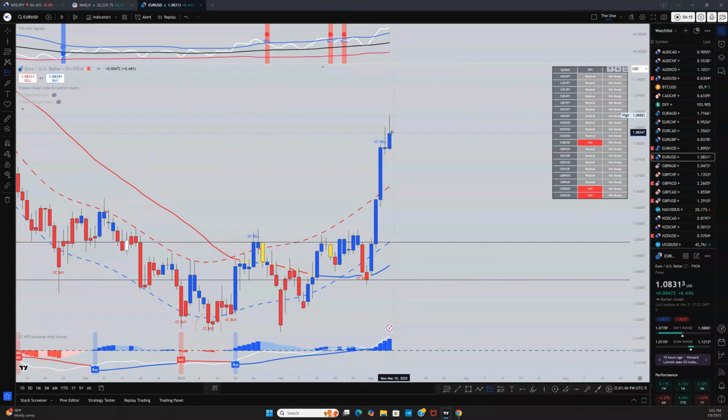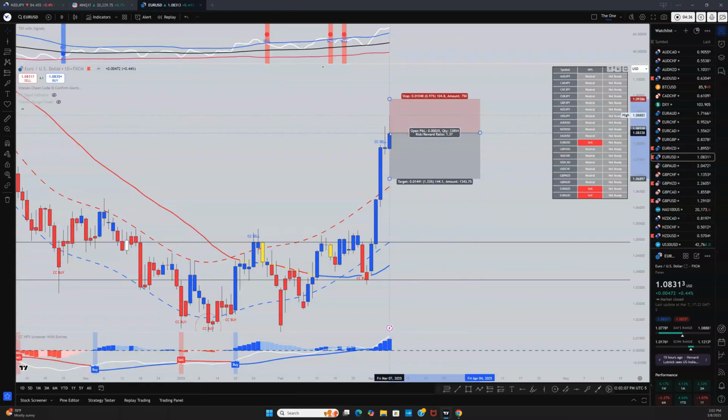So obviously, if we enter the market, we want our stop to be at least 40, I'll say 50 pips above the current high. So if I bring it to the current high, I need it to be at least 50. Let's do 52 pips.